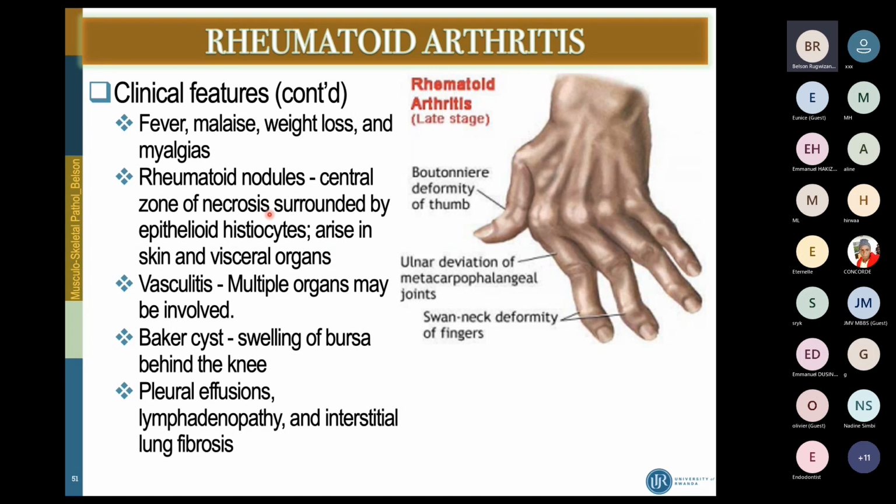Autoimmune disease usually doesn't involve only one organ or one type of organ. It may affect different organs. Baker cyst is the swelling of the bursa behind the knee, pleural effusions, lymphadenopathy, and interstitial lung fibrosis.